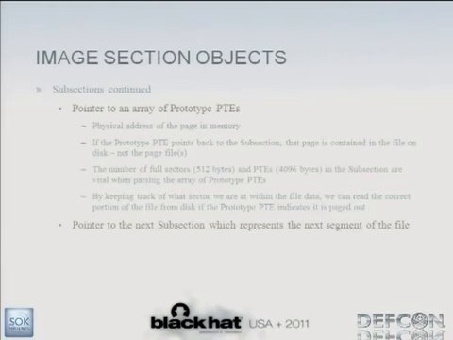So we'll have a graphic in a moment. It may be a little bit more useful for you, but I'm not sure. Basically, though, if the prototype PTE contains the virtual address of the subsection object that it's within, then that means all bets are off. Basically, this page of memory is on disk.